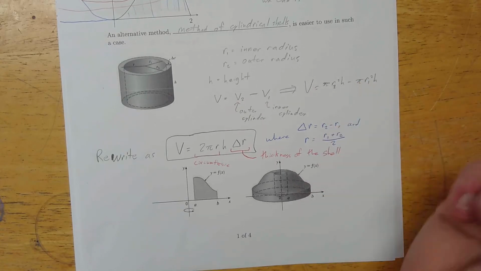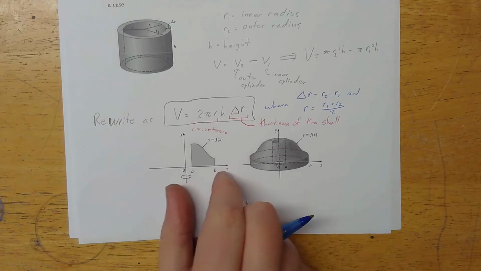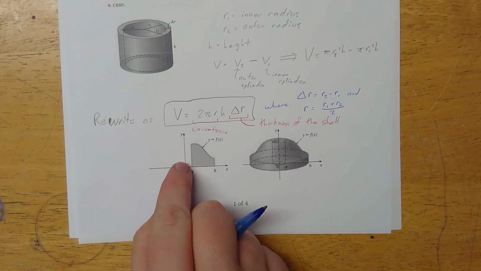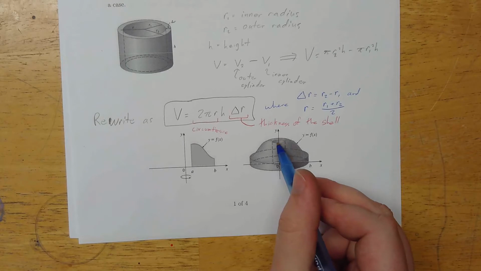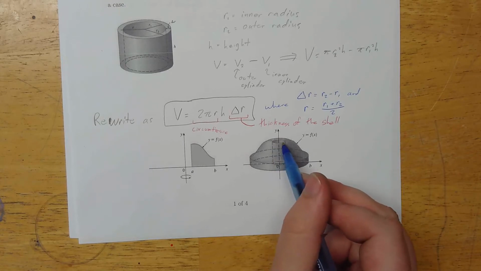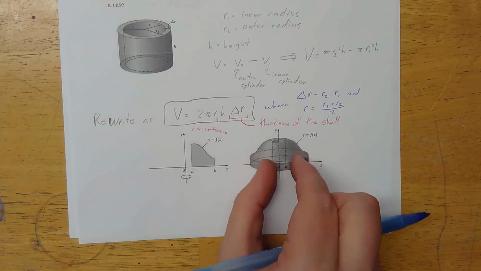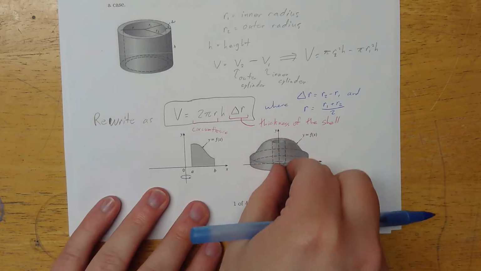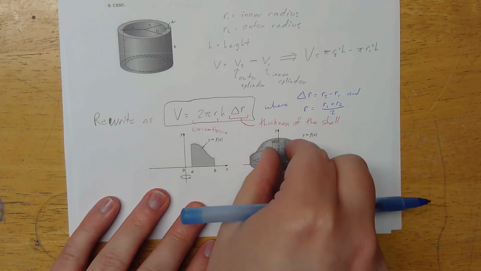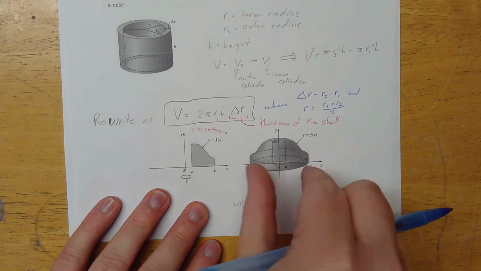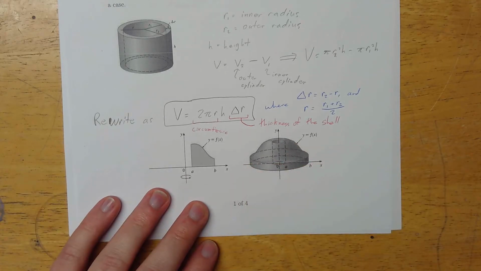So in general, if we wanted to do this rotation, we'd essentially look at taking a large number of these cylinders next to each other. So we'd have maybe a center cylinder, a cylinder next to that, and their heights would be changing as we kept going.